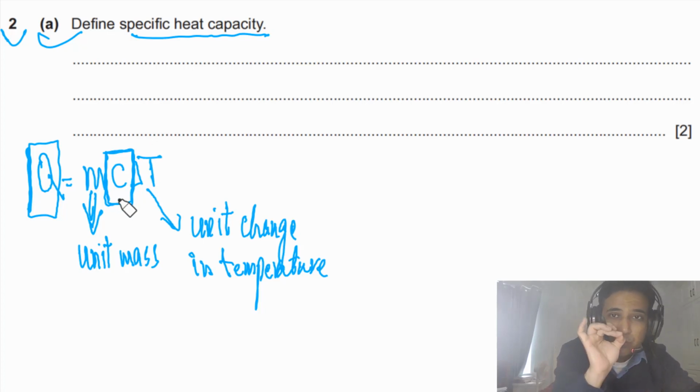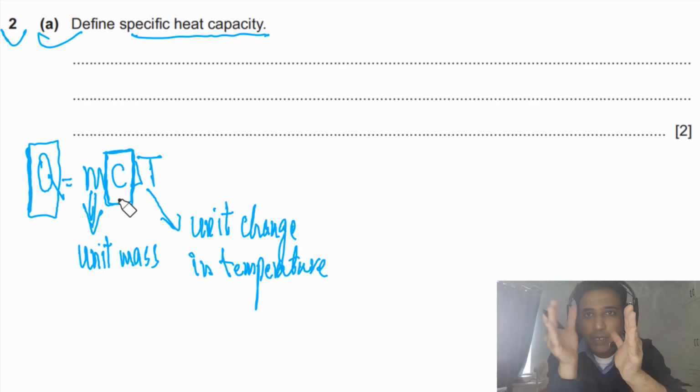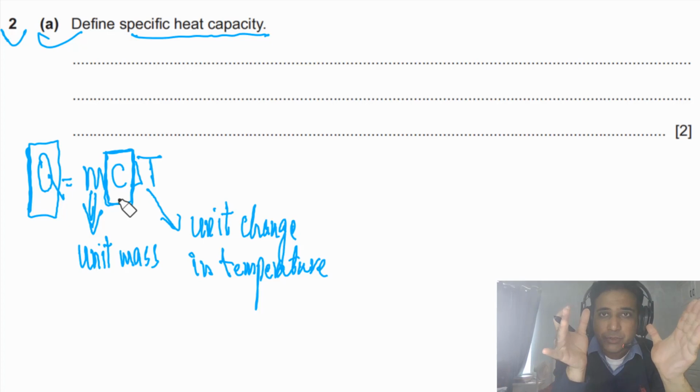If you look at the beauty of the equation, specific heat capacity means: if we have unit mass and we change the temperature by 1 unit, how much energy do we need? That is the specific heat capacity. Now if the mass is double, the amount of thermal energy needed will be double.